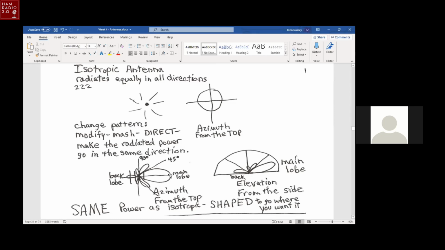That's this big lobe coming out the side off the front of the Yagi antenna. Now it has a little bitty lobe going the other direction off the back end. So that would form the front to back ratio. How big is the front relative to the back?